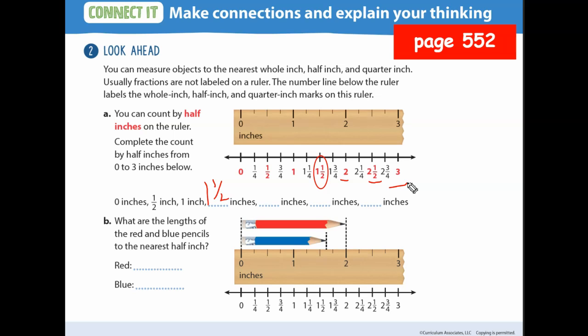What comes after 1.5? 2. What comes after that? 2.5. So 2 and then a half, like that. And then what comes next? What's that right there? 3, right? Not 3.5. It just says up to 3.